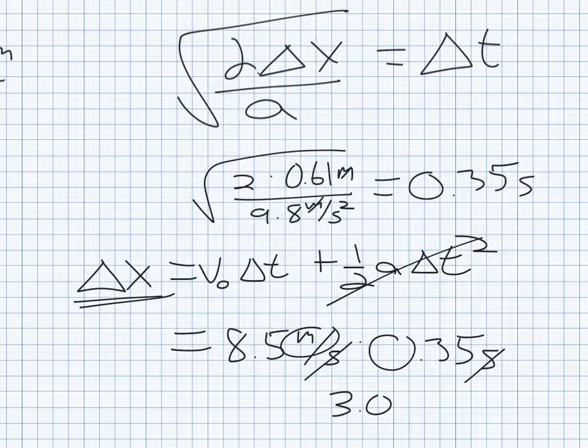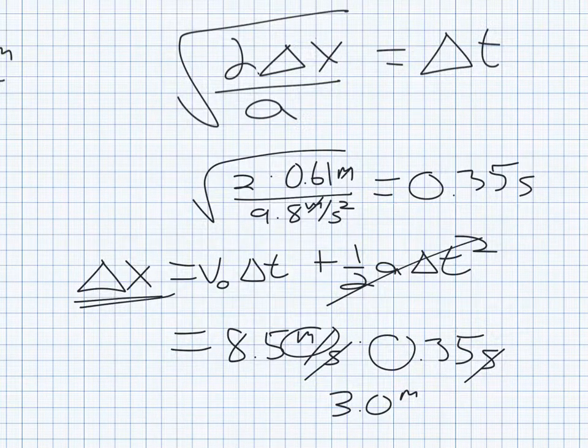I said meters per second, but that's not the unit because the seconds canceled. It's 3 meters. So this dog jumped 3 meters forward. And hopefully that's a winning dock jump.